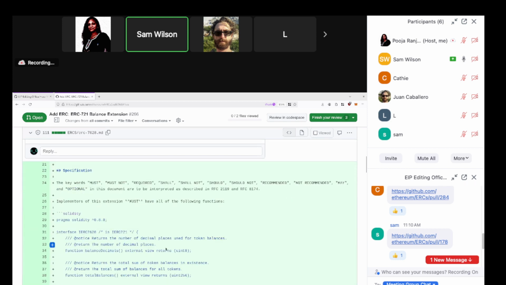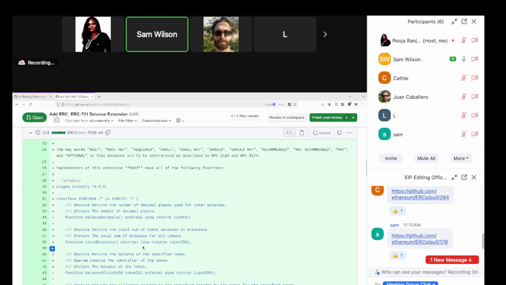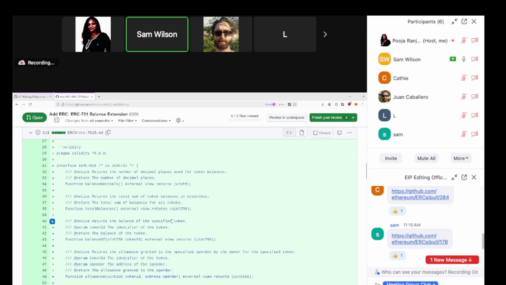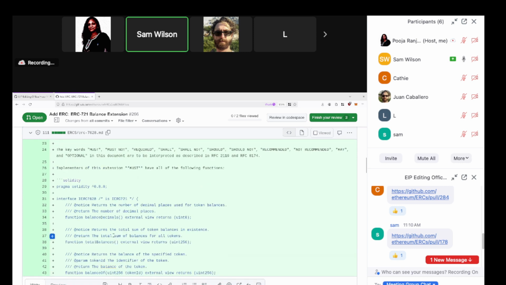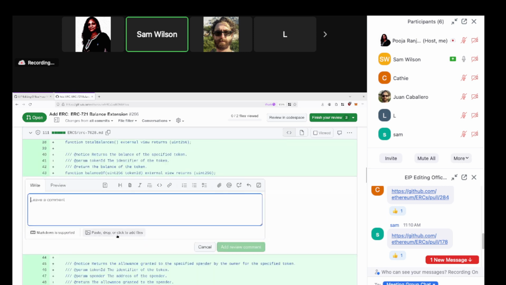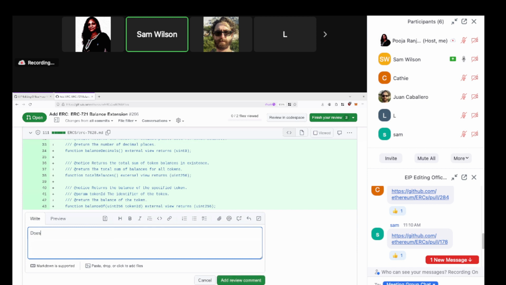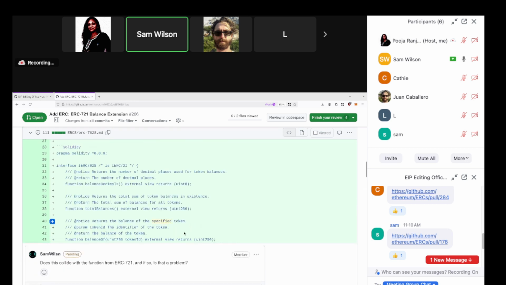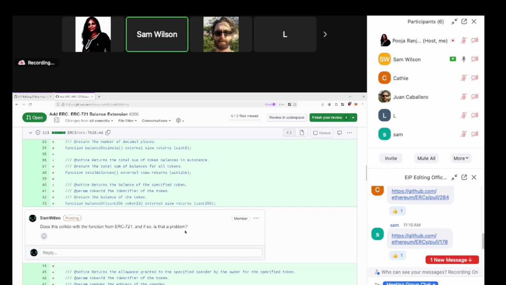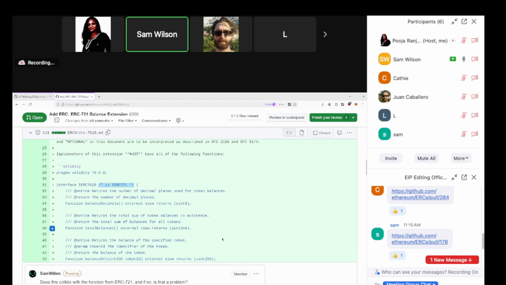Okay, so balance decimals returns the number of decimal places used for token balances. Yeah, so returns the total sum of token balances in existence. Returns the balance of the specified token. Yeah, this is gonna collide with... Returns, yeah, because you're saying that it is an ERC 721.